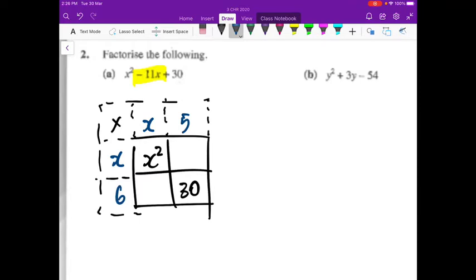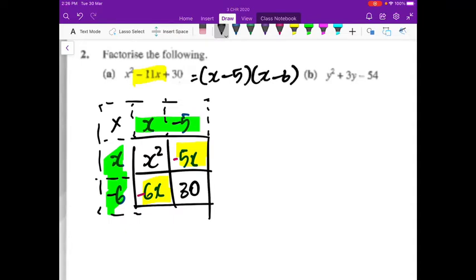Okay, 5x, 6x can get 11x or not? But we need negative 11x. Put negative 5, then you get negative 5x, put negative 6, you get negative 6x. So what is the answer? X minus 5. So the answer is x minus 5, x minus 6.